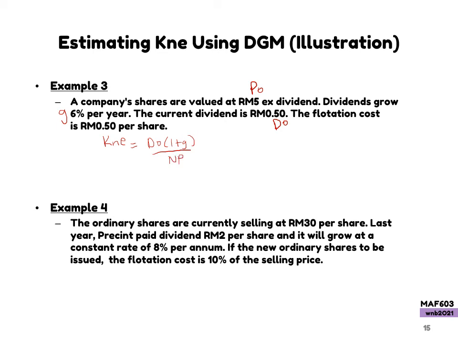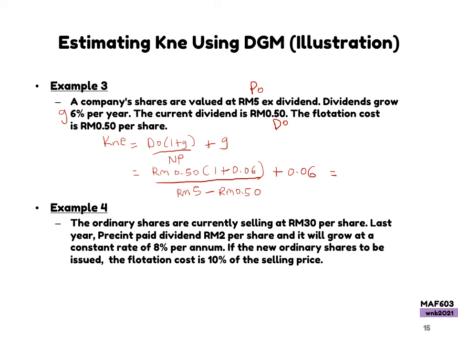Then we're going to add G. D0, here we have 50 cent, 1 plus G is 0.06, divide by NP, price I have here 5 ringgit, minus flotation cost 50 cent, then plus G 0.06.